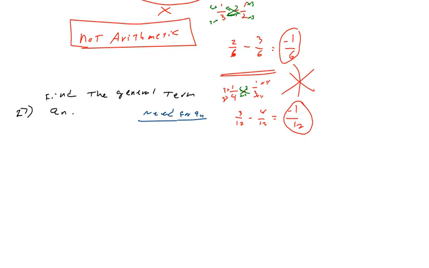Someone put that in the chat. Nobody knows. Look at the equation. There's two sort of variables in that equation. We need those two things.